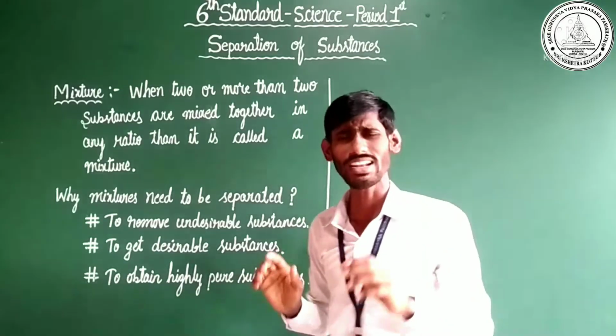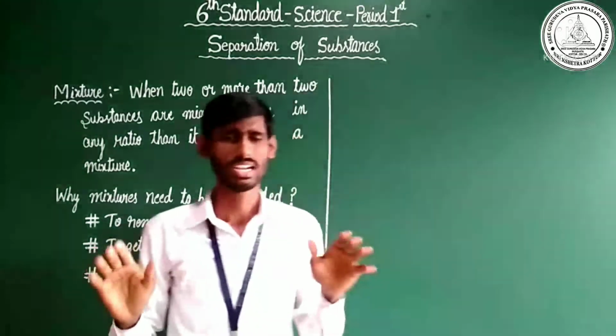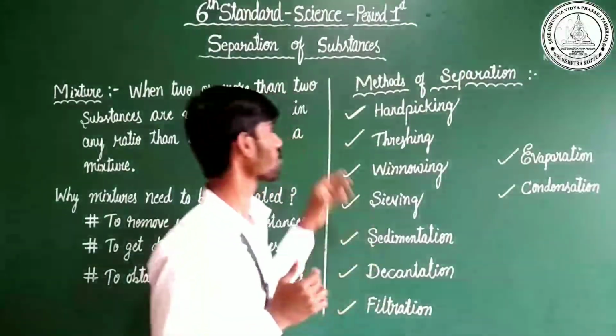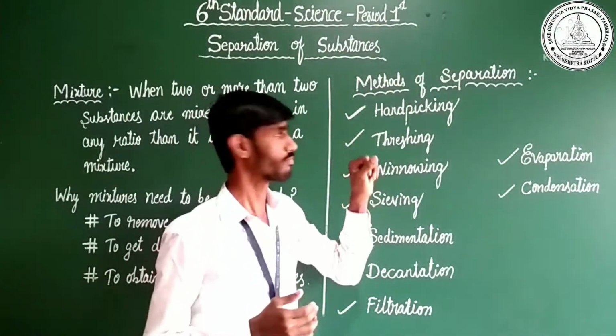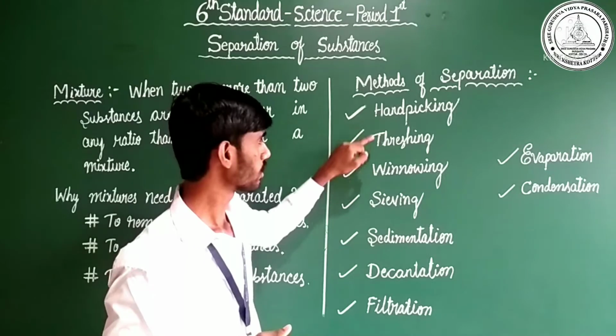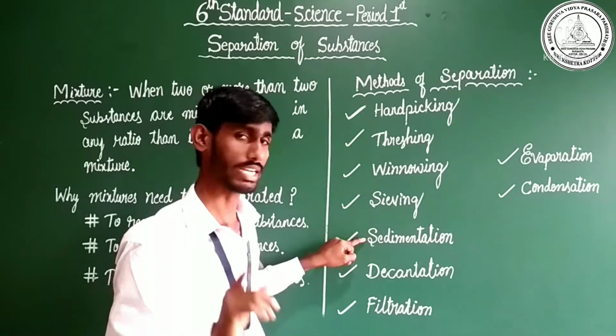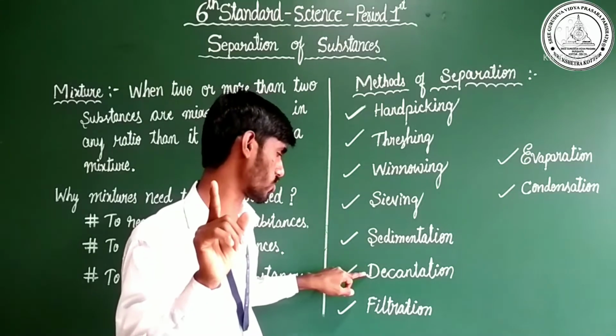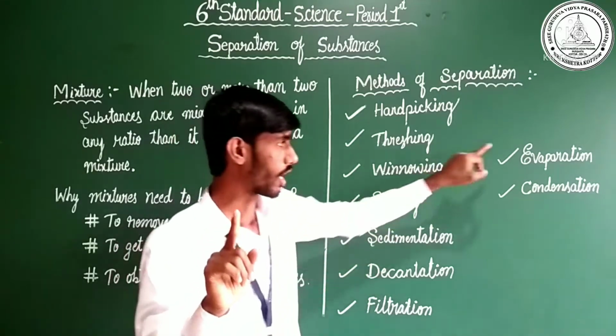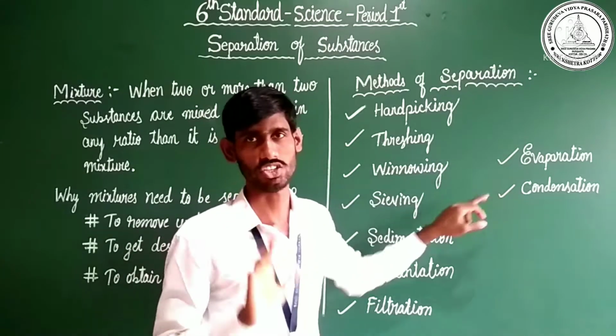Dear children, there are many methods. We will discuss them one by one. Here is a list of methods of separation: hand picking, threshing, winnowing, sieving, sedimentation, decantation, filtration, evaporation, condensation.